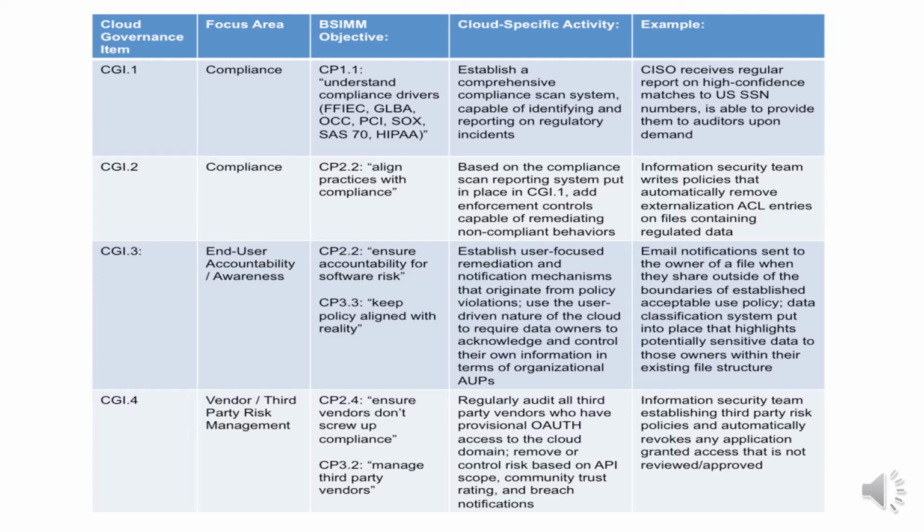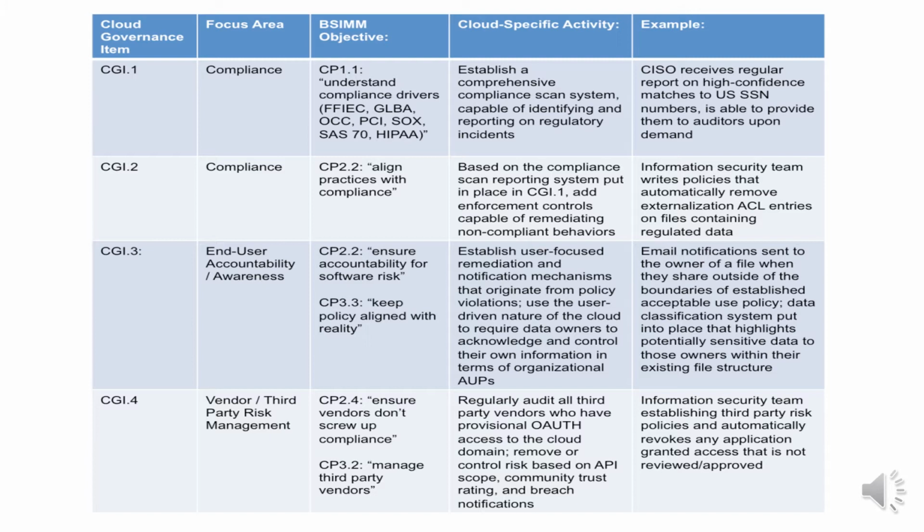There are a few examples of cloud governance. For example, for CGI.1, the focus area is compliance, and the objective of this cloud governance item is CP 1.1, understand the compliance drivers and the activity which is related to the cloud.